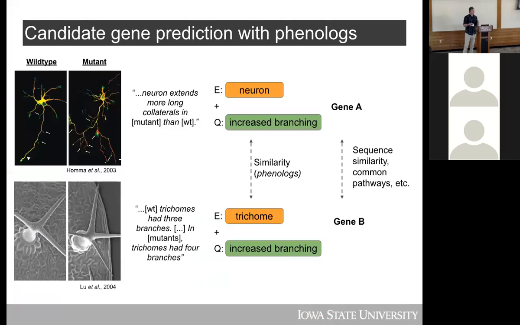Once we say that they're equivalent, say, for example, that we know gene A is the causal gene of this phenotype in mice, but we don't know the causal gene for the equivalent phenotype in Arabidopsis, what we can do is search the genome of Arabidopsis against gene A using sequence similarity or common pathways. Genes that are returned from that search, in this example gene B, are hypothesized to be involved in the phenotype in Arabidopsis.